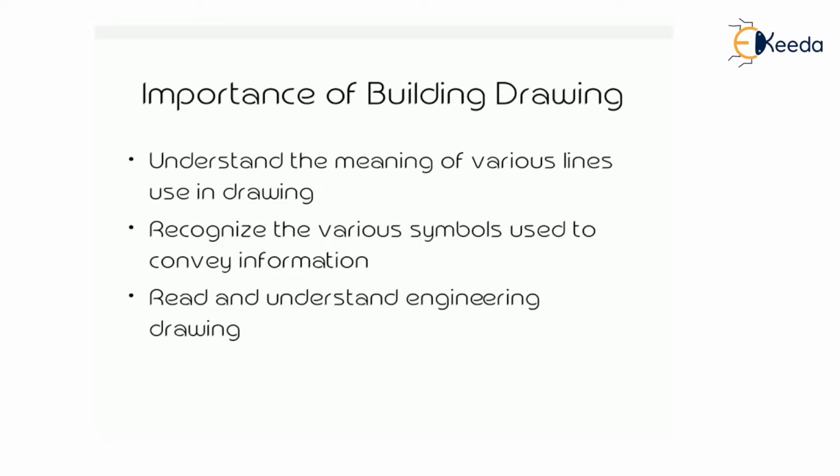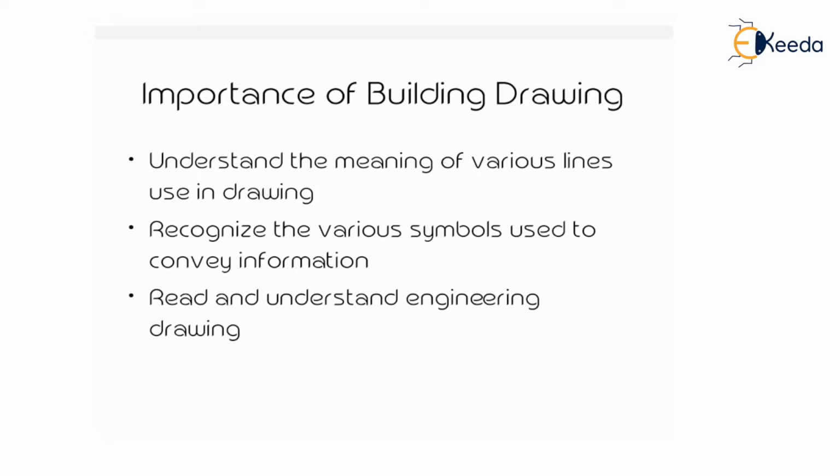Therefore, understanding the meaning of various lines used in a drawing is very important in a building drawing. Same as the various types of symbols are also important to read that particular drawing. Then, to read and understand engineering drawing, it is always made in a proper and clean manner so that the engineer can easily read and understand that particular drawing.